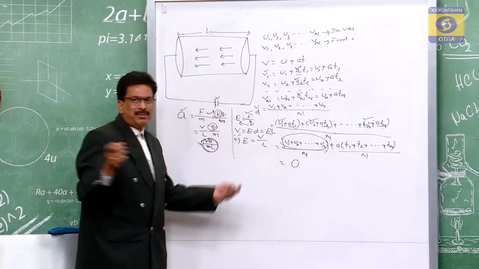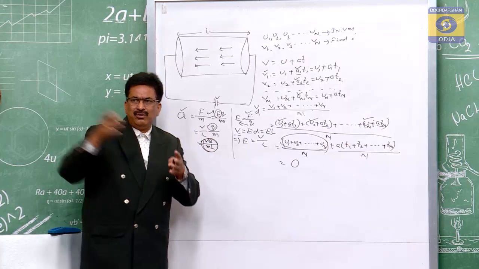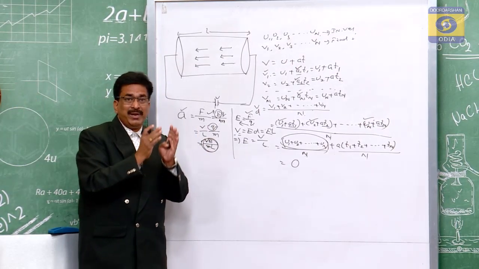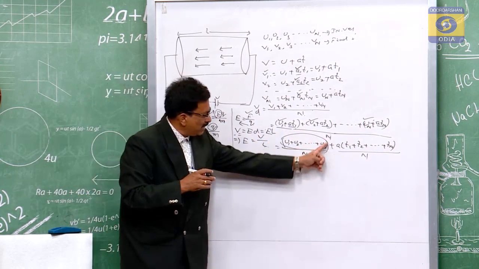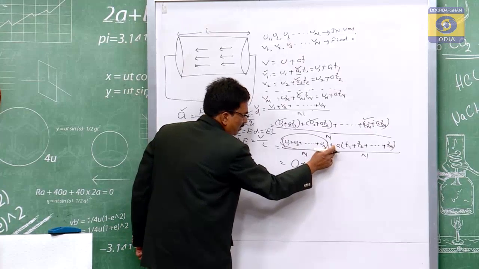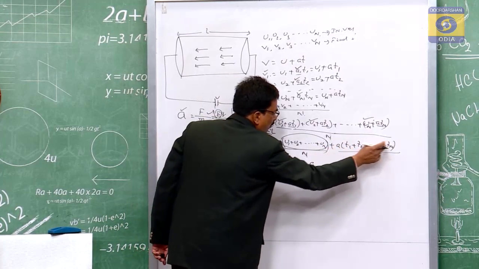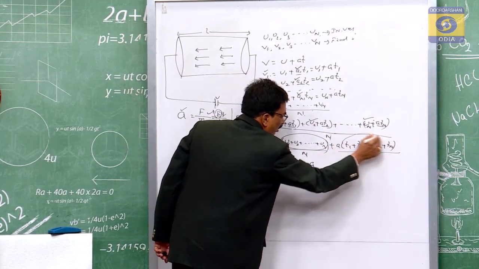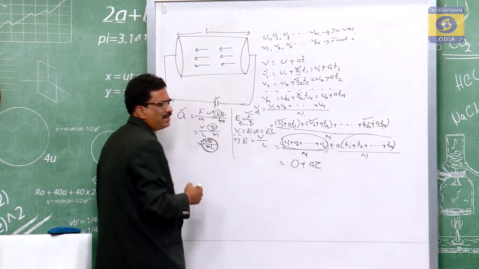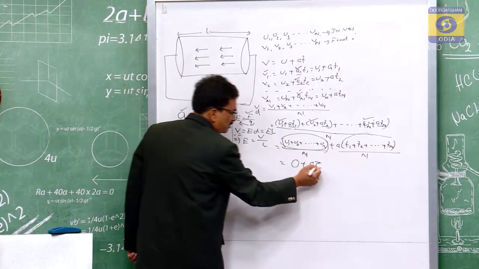When a number of people are together and we look from a far distance outside, we observe that they remain at rest. Therefore this term is at rest, which means it is equal to 0. And A comes out. T1 plus T2 up to Tn divided by N is the mean of all the times, written with the symbol tau.